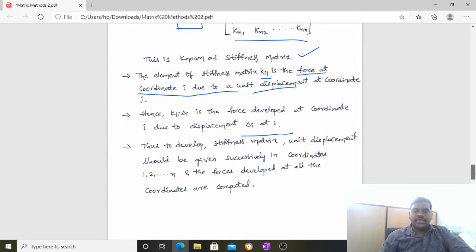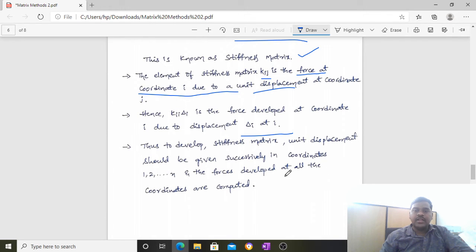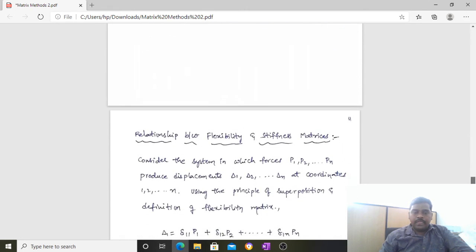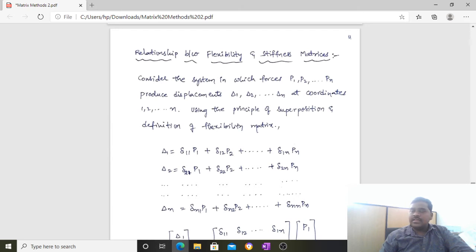So to develop a stiffness matrix, unit displacement should be given successively in all coordinates and the forces developed are computed. So the method is similar, but that is force due to displacement and this is displacement due to force. And as there is a small similarity, there is a relationship between flexibility and stiffness matrices.